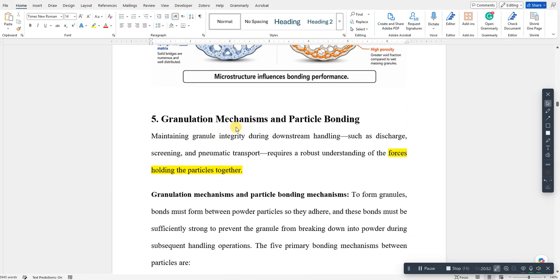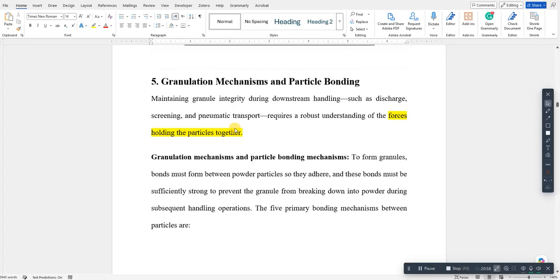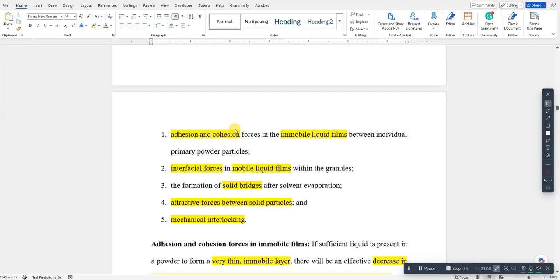Now we will talk about the mechanism and how particles bond to each other. This is important in dry granulation. Usually you don't have water, it's dry, but you have what we call residual moisture.